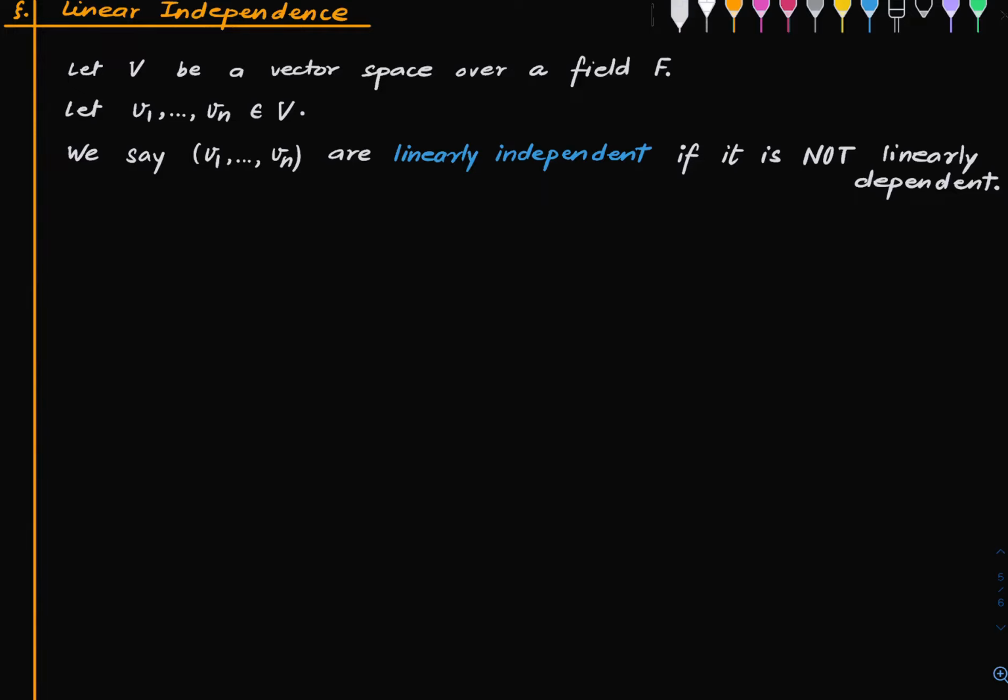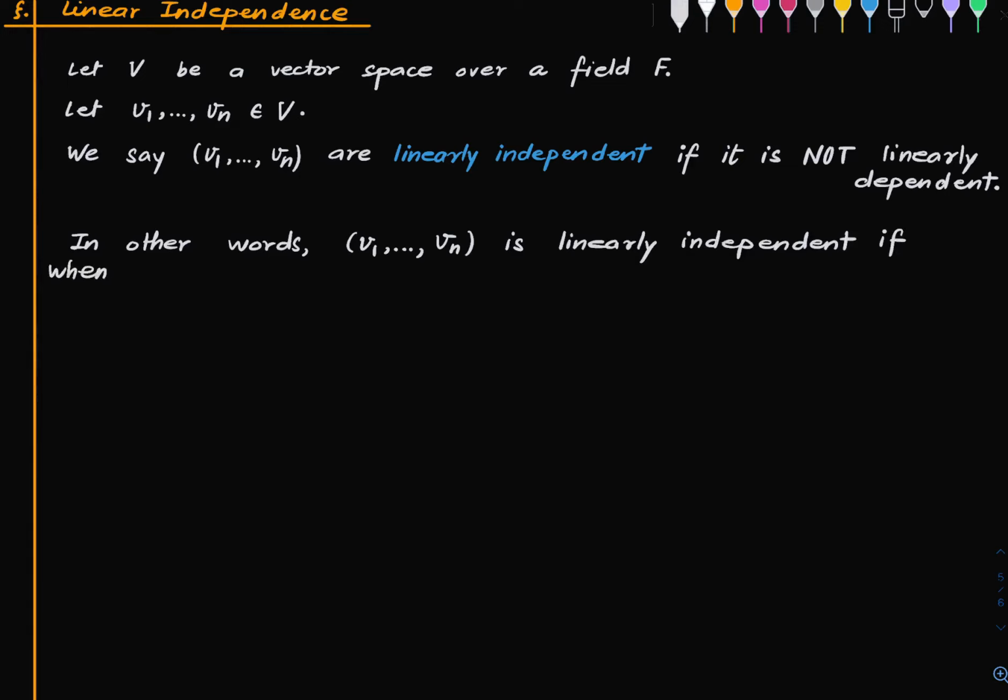So in other words, this list is linearly independent if whenever we have scalars such that the corresponding linear combination vanishes, we have all these scalars are 0.